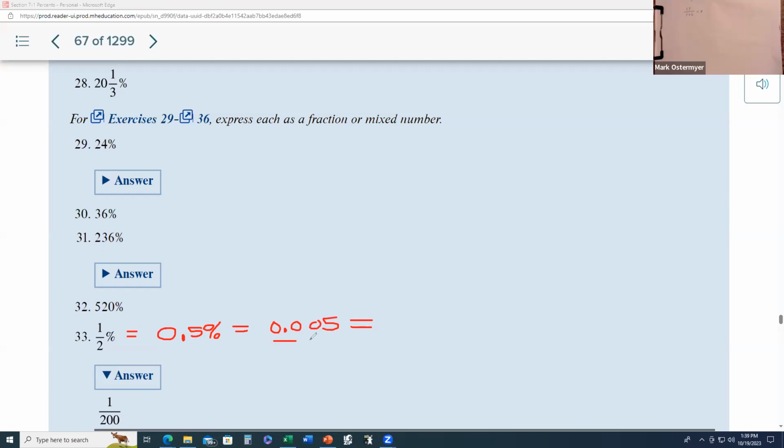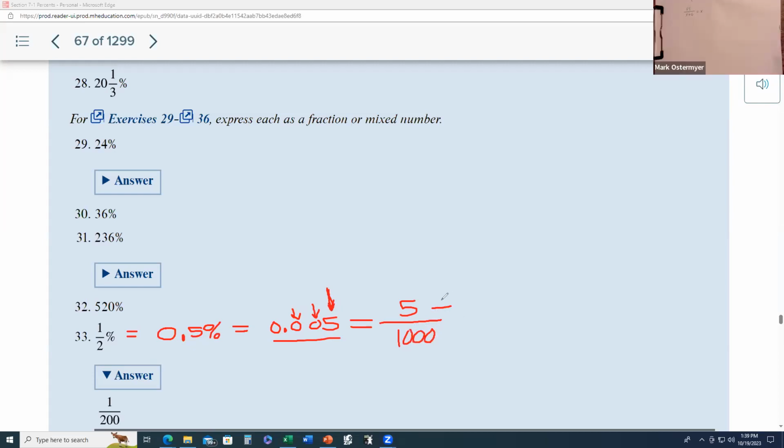Tell you what, how do we read this decimal? The 5's in what place here? This is the tenths place, the hundredths, and then the thousandths. This is 5/1000 as an ordinary fraction.